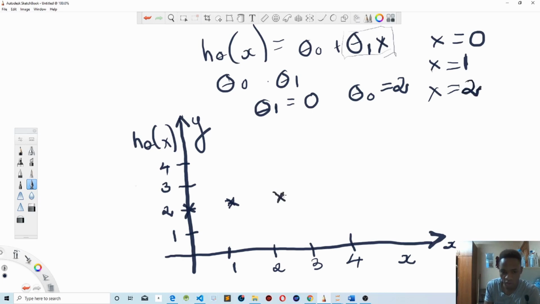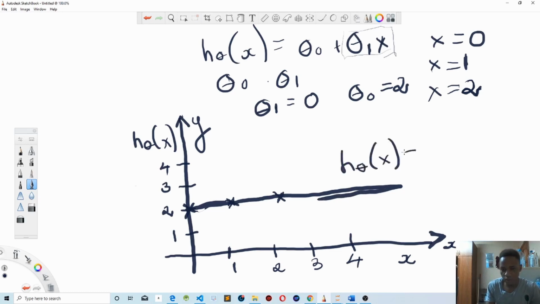So in this case, our hypothesis would look like this. This is how our hypothesis looks when the value of theta 0 is equal to 2 and the value of theta 1 is equal to 0.